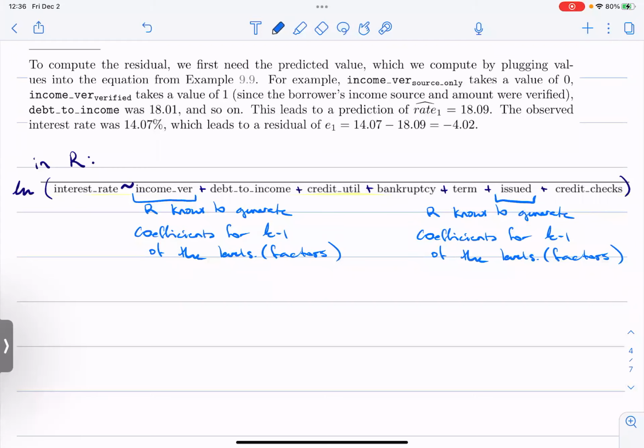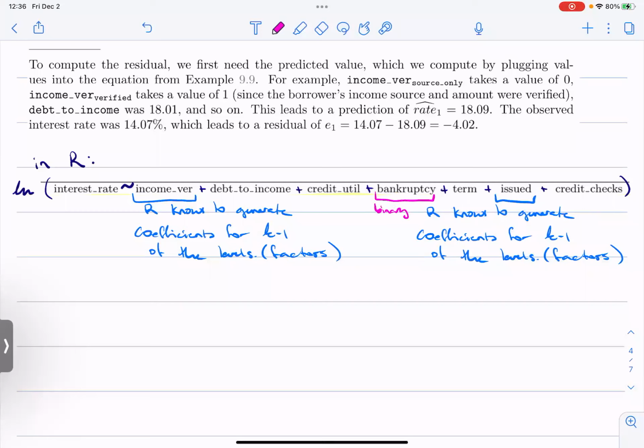Because, oh, say that again. More than 2 options within category. So we're binary logical. Yeah, because the bankruptcy is binary.